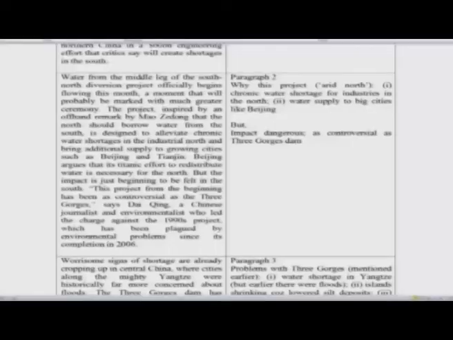The project details are probably known to people, and using this already known fact, the writer here is arguing against the current project. The argument is that it is going to be as problematic as the Three Gorges Dam, which has already been known to create serious issues. Okay. So, this is what is there in paragraph 2.